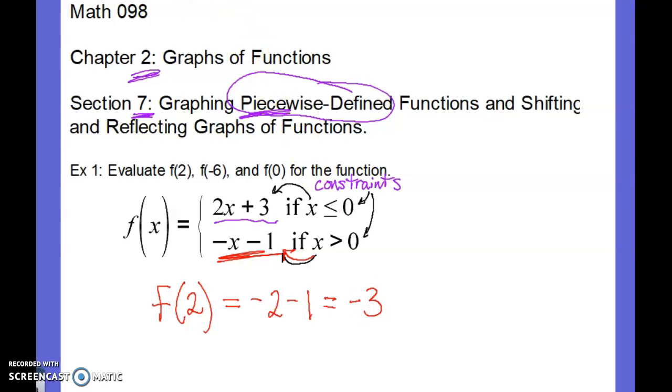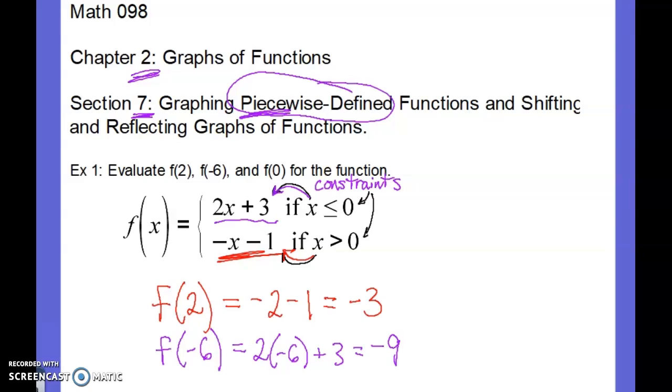So as I go to f of negative 6 now, go to your constraints first. Is negative 6 less than or equal to 0? Yes. So go to the top equation, and now you plug in negative 6 for x. Well, you get negative 12 plus 3, you get negative 9.